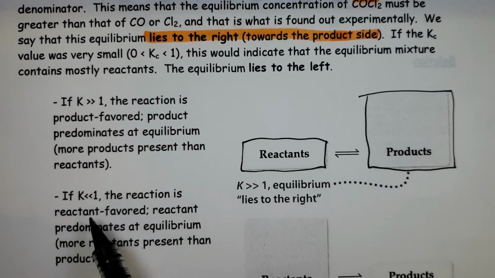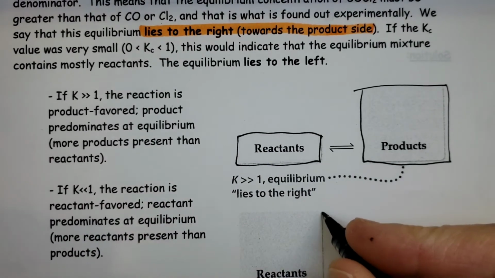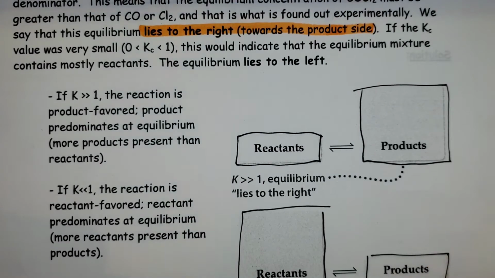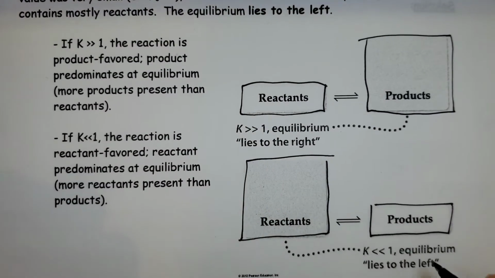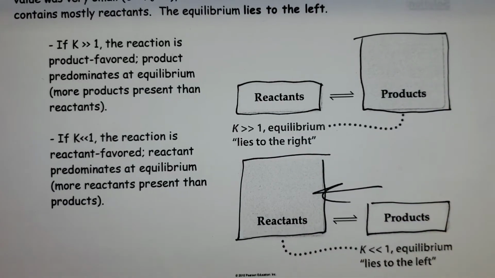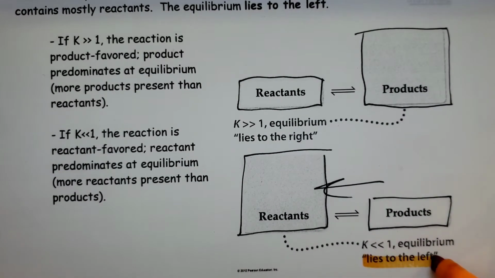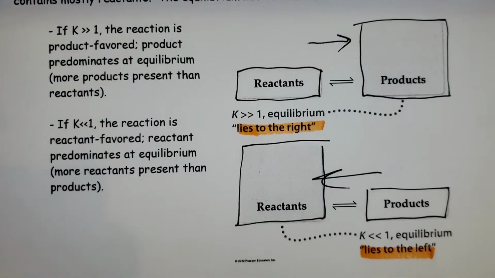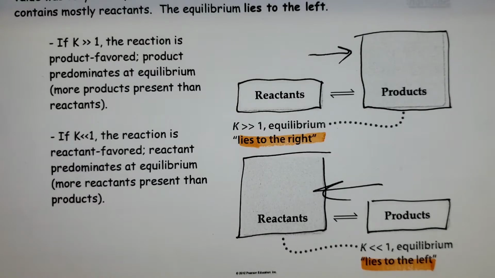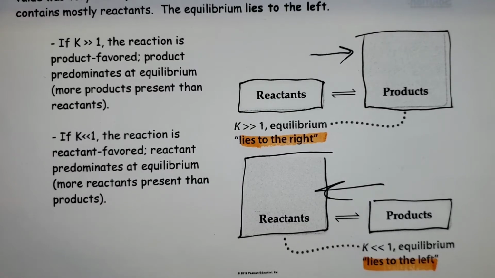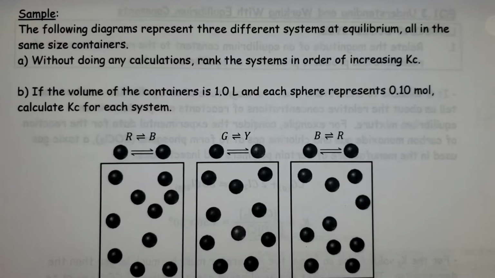And of course, if K is less than 1, but bigger than 0, our denominator is much bigger than the numerator, and we say it lies to the left. So where is the larger amount? To the left. Where is the larger amount? To the right. All right, so that's the terminology that we use to describe the magnitude of Keq and in which way the equilibrium lies. Which way is the reaction favoring?